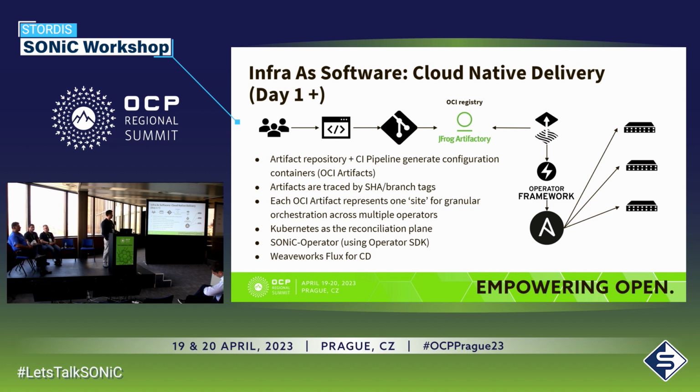The SONiC operator is one half of our delivery process. The other half is Weaveworks Flux. And Flux is what's really taking these OCI artifacts, consuming them, and passing the manifests through into a Kubernetes cluster where the operator resides. So it's able to detect drift.